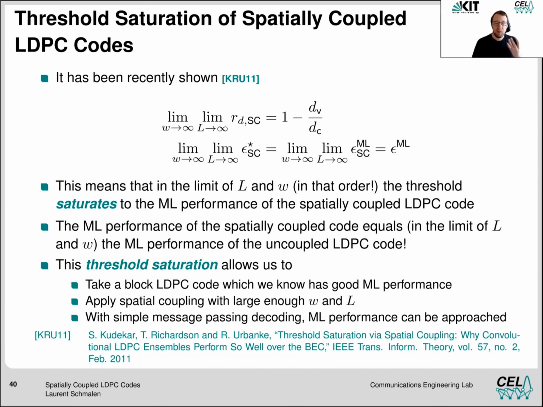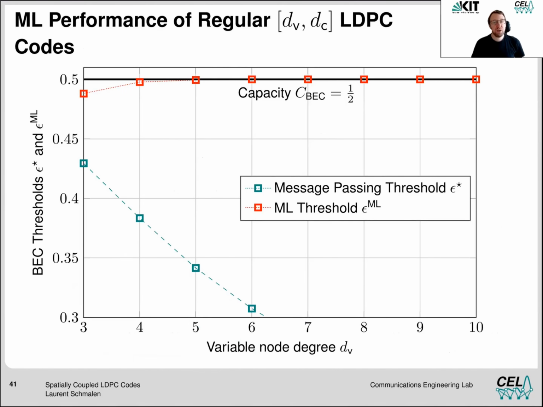So what we can do is take a simple code where we know it has good maximum likelihood performance, apply spatial coupling, and then we get pretty good performance that approaches the maximum likelihood decoding performance. And this is shown in this graph.